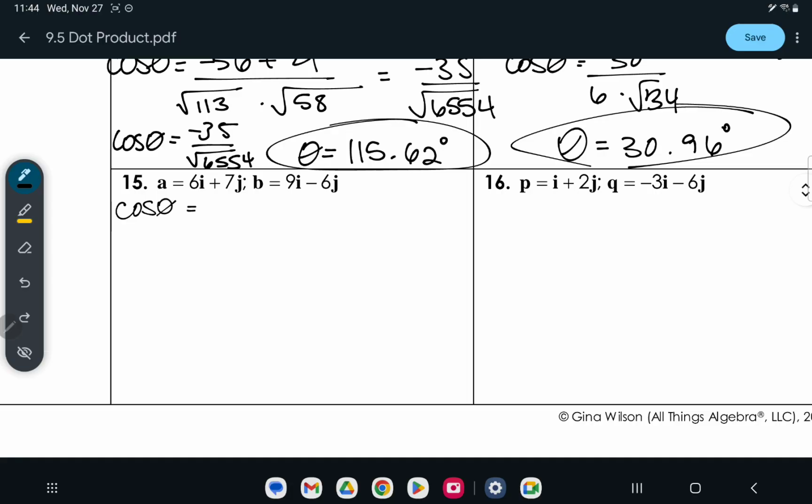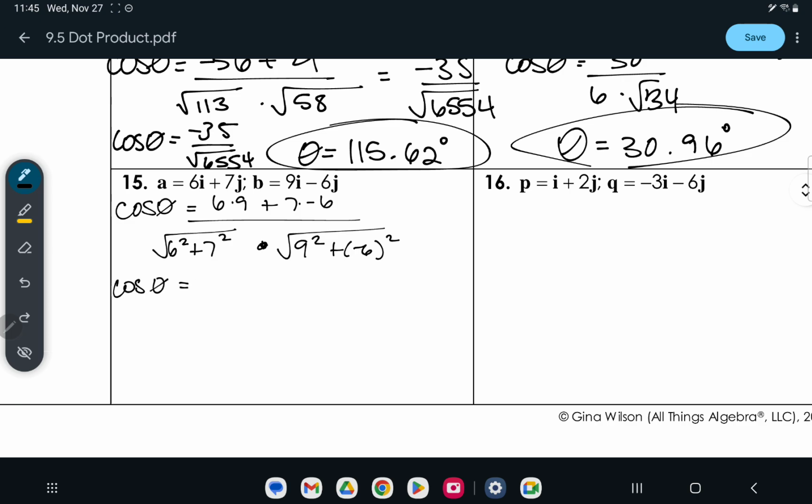So cosine theta is the dot product, so 6 times 9 plus 7 times negative 6 over the magnitudes. So cosine theta, let's see, 54 plus a negative 42 is 22. 36 and 49 is 85.